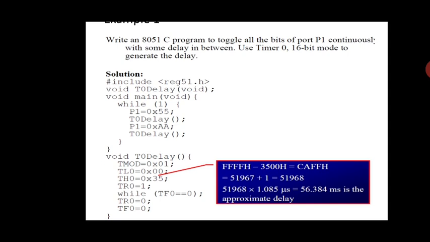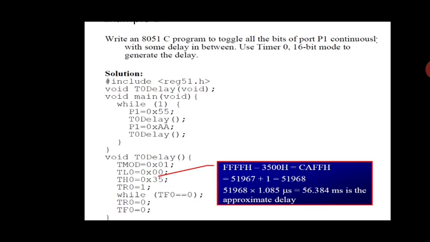It is a function, and our C program will begin from the main. Now inside the main I start with while 1. While 1 means 1 is true, because I'm continuously looping inside the program, so while true, it will enter the loop.